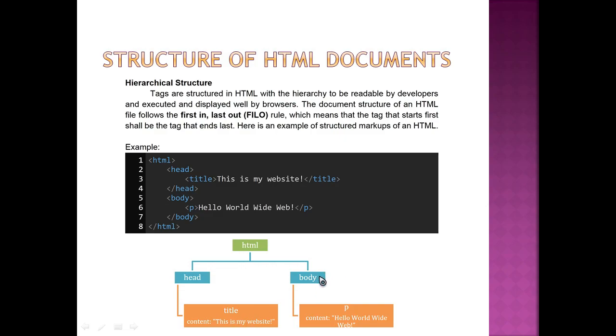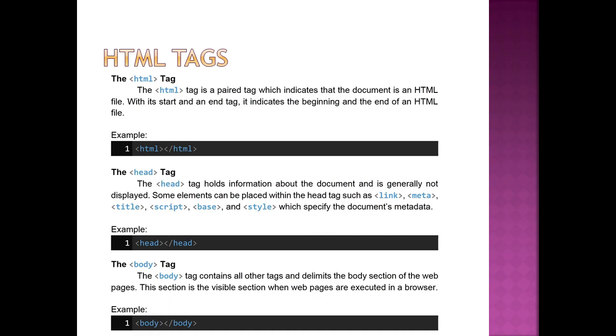And in the body tag, we have the paragraph tag or the p tag. Okay, these are the HTML tags that we need when we are creating a basic HTML file or a web page.